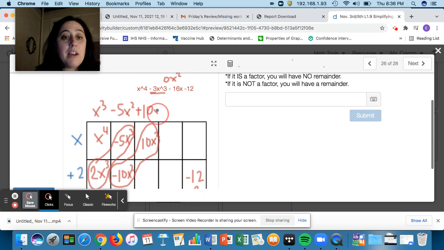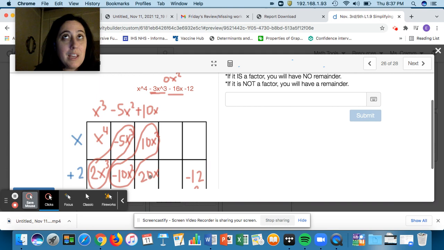Wait, I need another x here. So 10x times x gives me that 10x squared. Now 10x times 2 gives me a positive 20x, and I need a negative 16x.